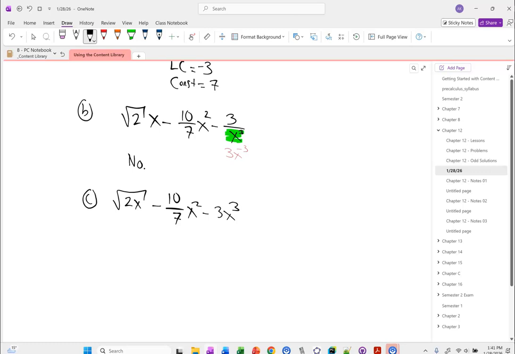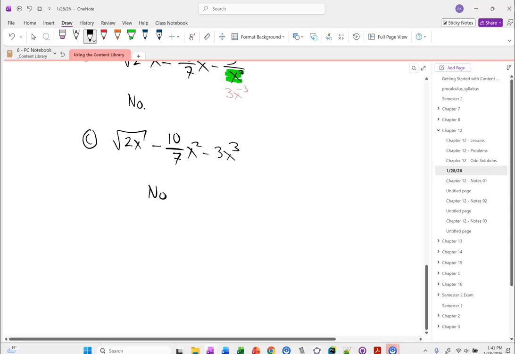Is that guy a polynomial? The answer is no. What's the matter with that? Yeah, so the x under the square root is the problem.